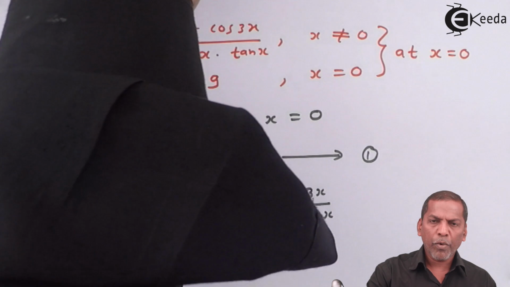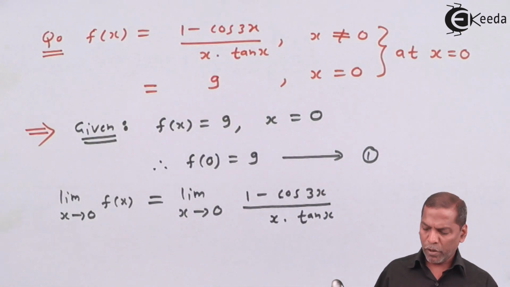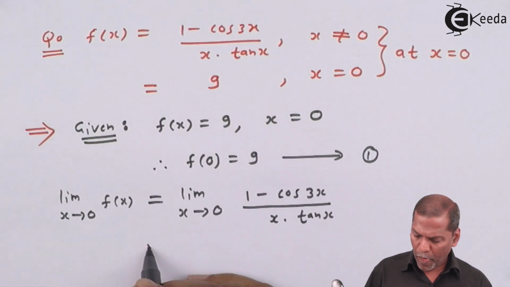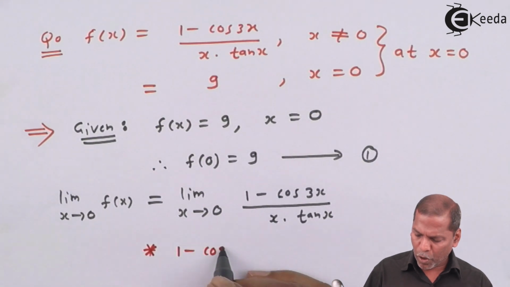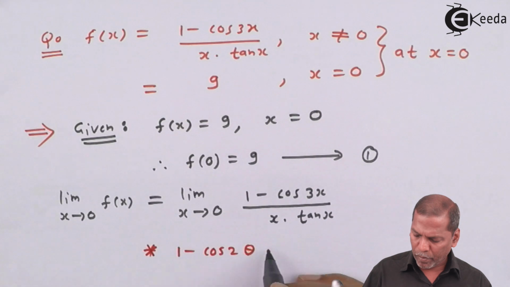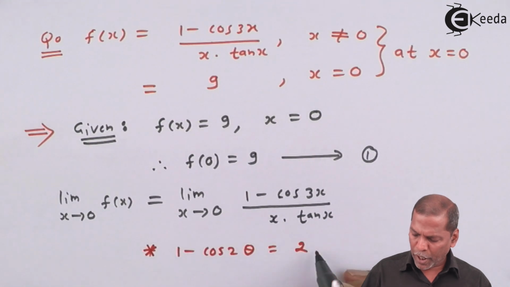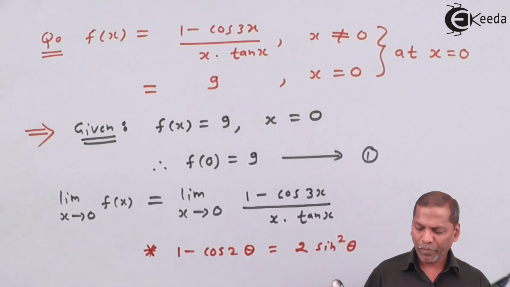Now here we use one trigonometric formula, that 1 minus cos of 2 theta gives 2 sine square theta.